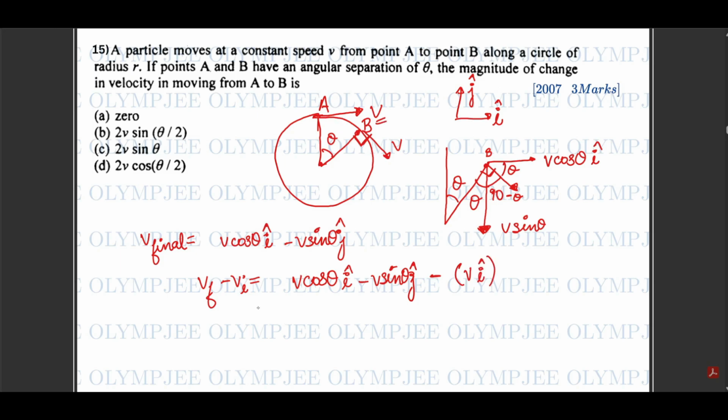So this will become v cos theta minus v i cap minus v sin theta j cap.